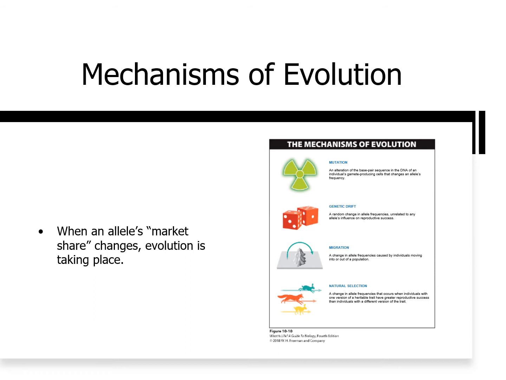We have this term called genetic drift. It is a random change in allele frequencies unrelated to any allele's influence on reproductive success. What that is saying is that you have a sudden event that occurs that means that a handful of alleles just aren't going to exist in the population anymore. Individuals have died, but it is of no consequence to how well they were surviving in their environment, how well they were able to reproduce.